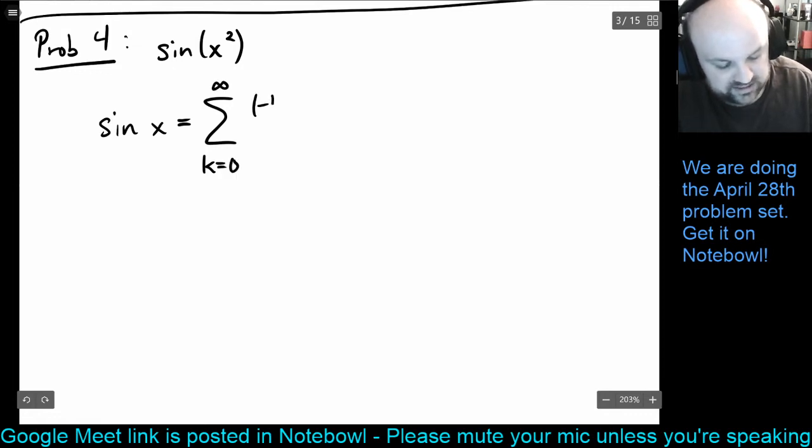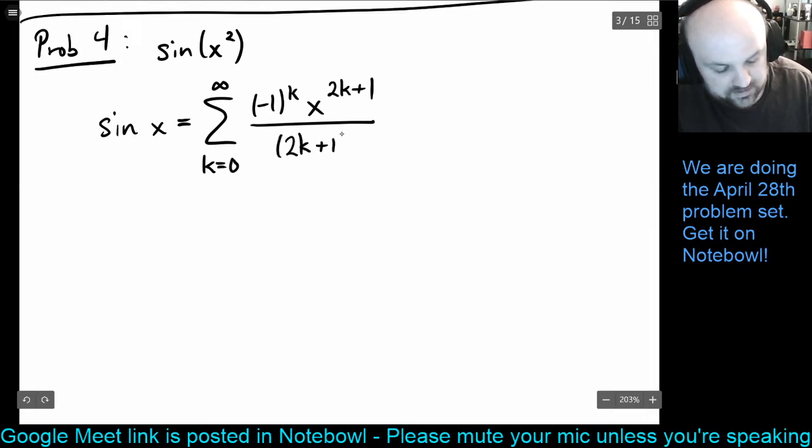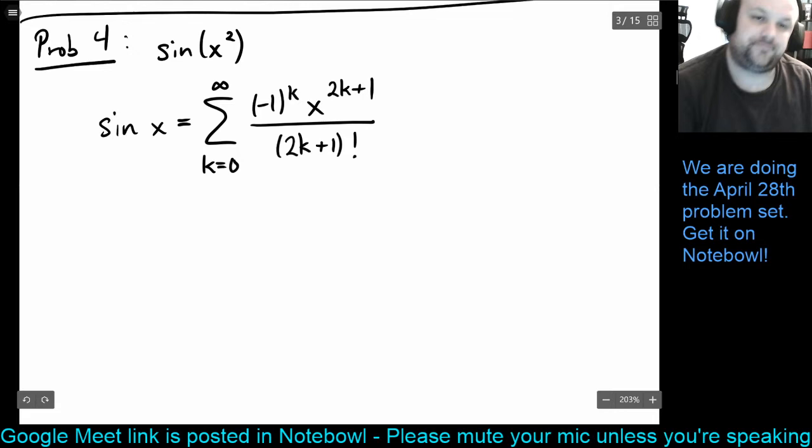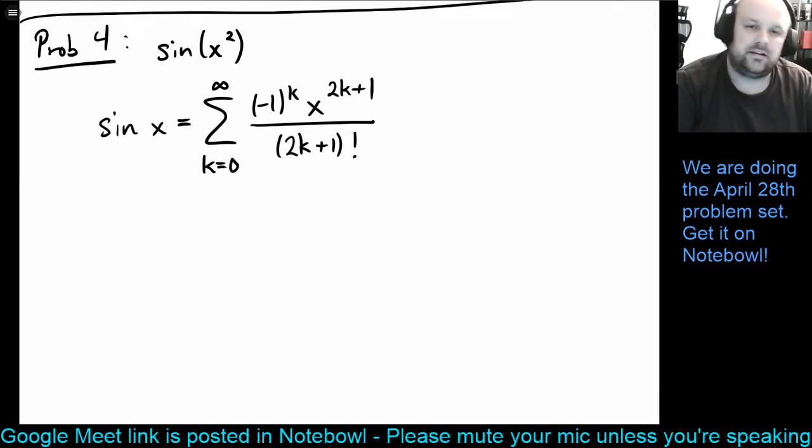So the representation of this is (-1)^k x^(2k+1) over (2k+1)!. So if that's sine of x, can you think of any way we could get sine of x squared from that?